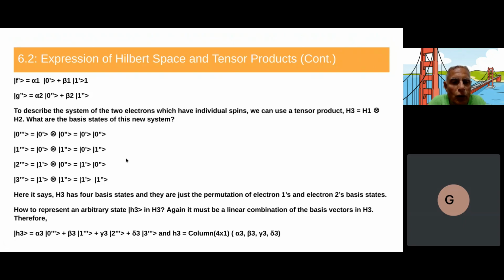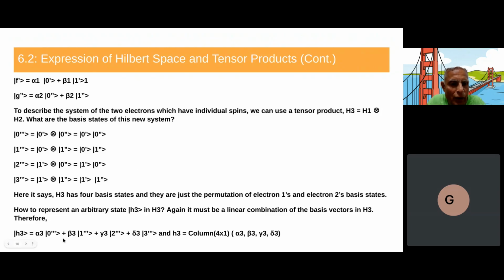If it is 1, 0 or 0, 1, they will turn to 1 and 2, and that is ultimately what will happen. And that's what is happening in the equation at the bottom. You can write ket H3 as alpha 3 ket0 plus and so on. This is the combination on the basis of 4 states, and each state has an alpha, beta, gamma, delta.